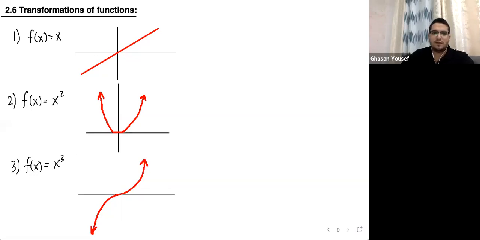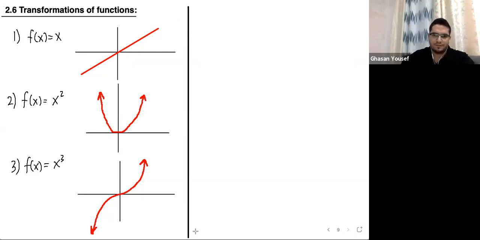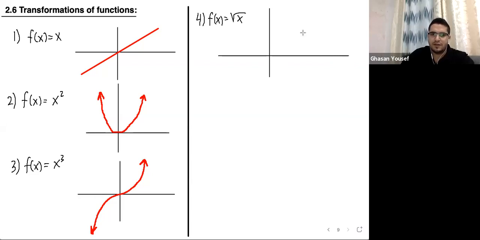Now for the other functions, like the square root of x. If the question is to graph the function f of x equals the square root of x, as we talked about before, this function has a domain of only the non-negative real numbers.